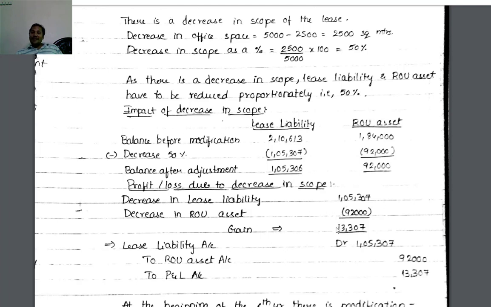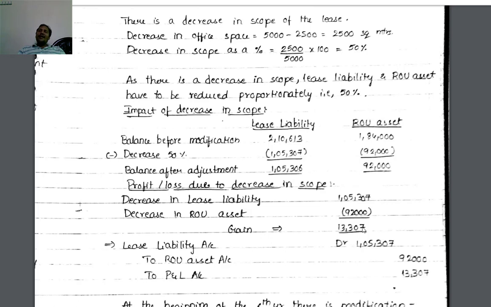So the net impact is 13,307. Liability reduces by 1,05,307, asset reduces by 92,000. Net decrease in liability 13,307. So liability reduces means that is nothing but a gain for us. So transfer to the P&L account. Gain or loss, whatever is there, we have to adjust to the P&L account.